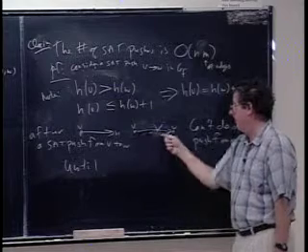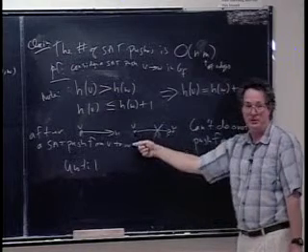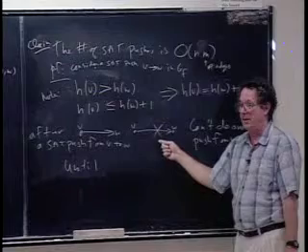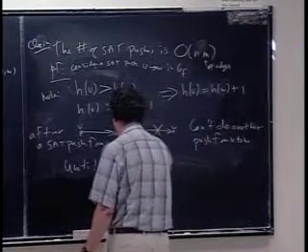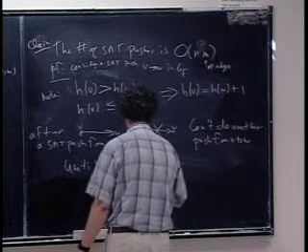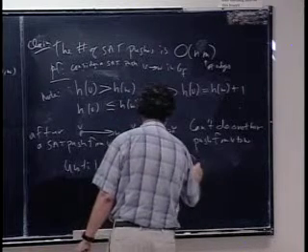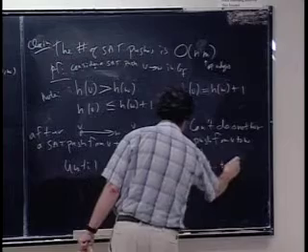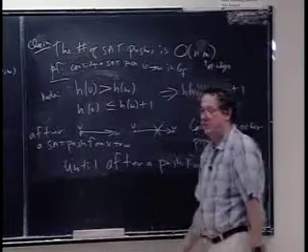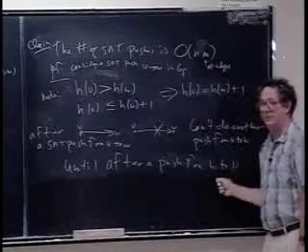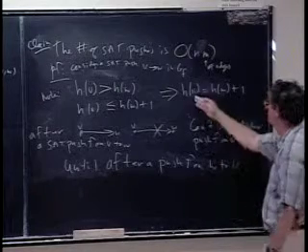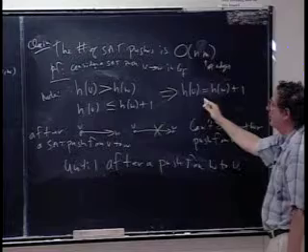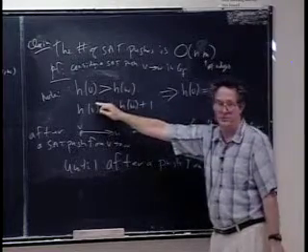Well, this has to come back into the residual graph. How can it come back in the residual graph? You have to push from W to V. But you can't push from W to V until H of W is bigger than H of V. But right now, H of W is, in fact, less than H of V.